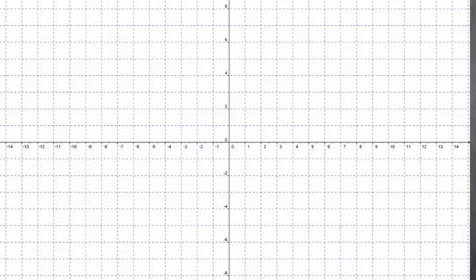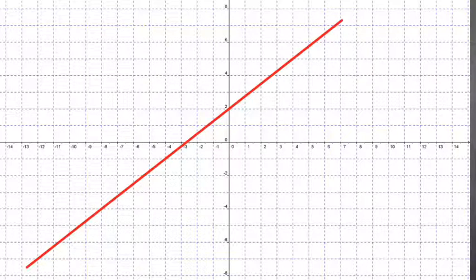But this right here that you see is the coordinate plane. So, my friends, here I have a straight line on the coordinate plane. What we're going to do is find the slope of this line.